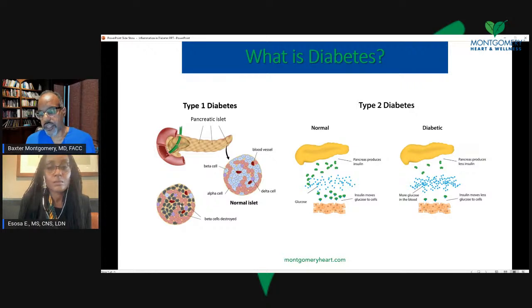So you have impaired insulin production. In type 2 diabetes, you have the pancreas producing these insulin molecules, and here are the glucose molecules. Insulin moves glucose into cells. This diagram is a little bit off because the insulin molecules attach to the cells and then allow the glucose molecules through.